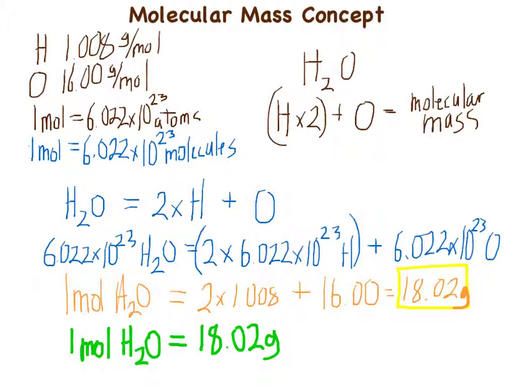So you can convert that to a conversion factor with the correct units, just like this: 18.02 grams per 1 mole of water. So this right here is the molar mass of water.